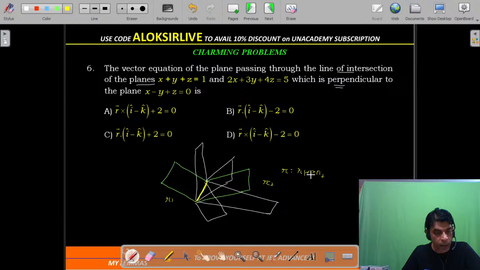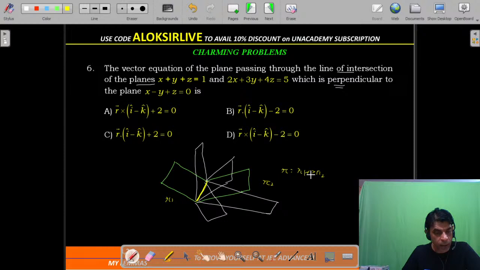And if you get that pi 1 plus lambda pi 2, I can write this as, so let me write here only. We write x plus y plus z minus 1 plus lambda times 2x plus 3y plus 4z minus 5 equal to 0.